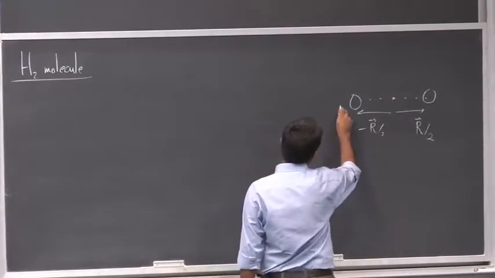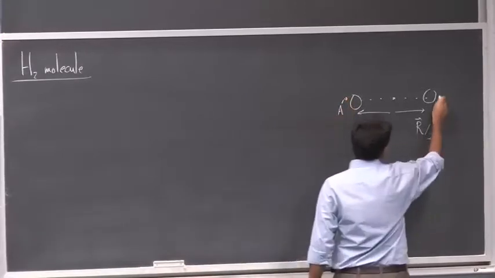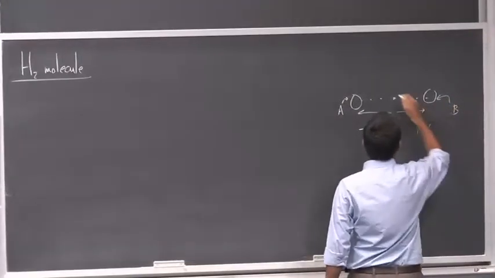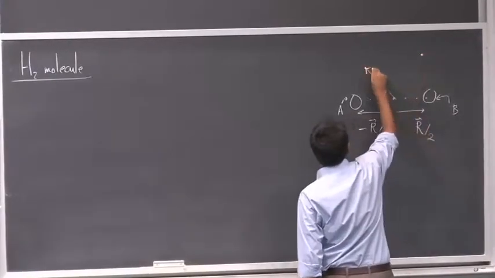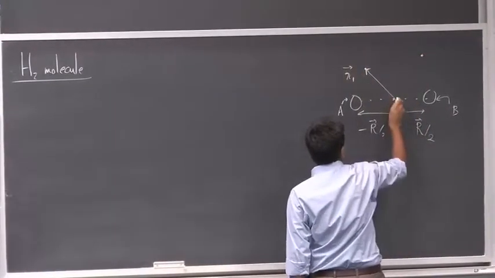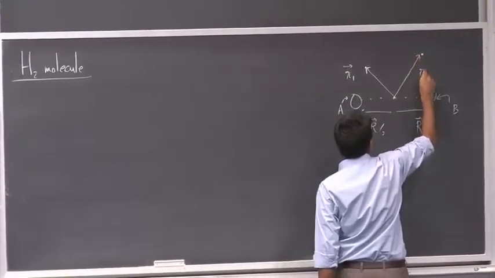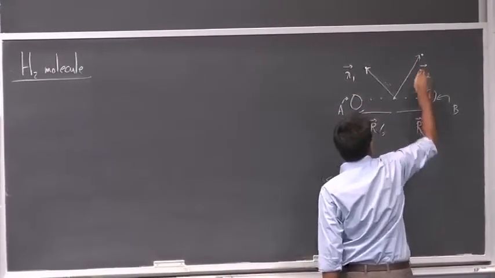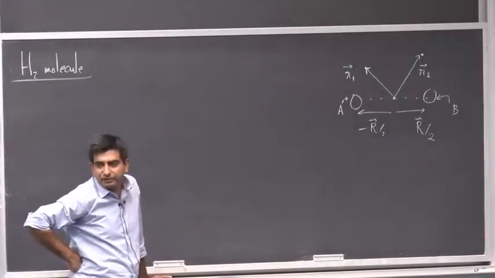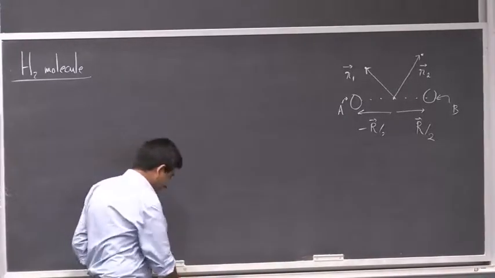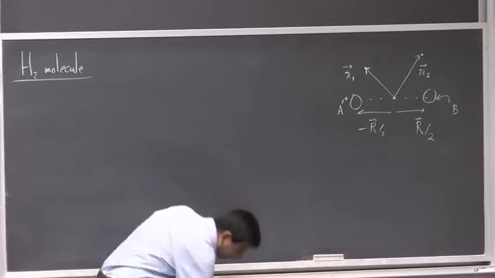This is nucleus A. This is nucleus B. And now we have two electrons with position vectors r1 and r2. So this is our basic diagram over here.